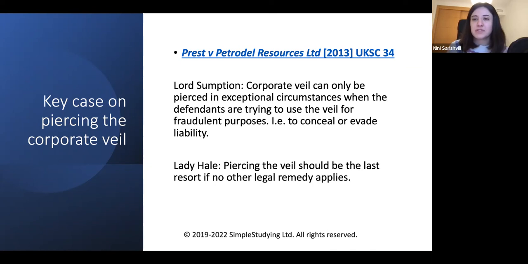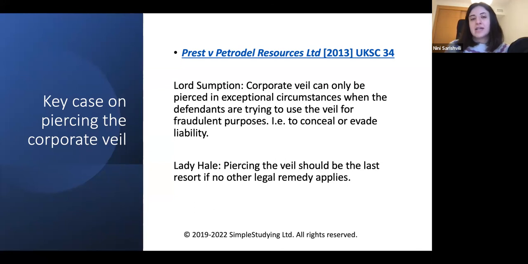The facts of Prest versus Petrodel are interesting. It was basically a divorcing couple, and the wife was arguing that the court had to look behind the corporate veil of the company that her ex-husband owned, so that she could get some of the company's assets as a divorce settlement.